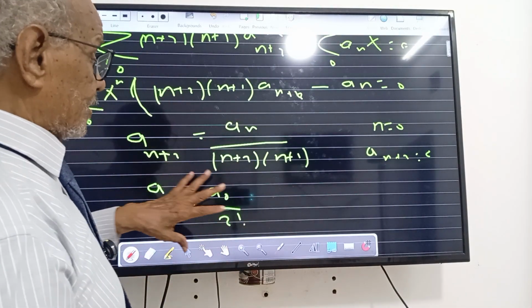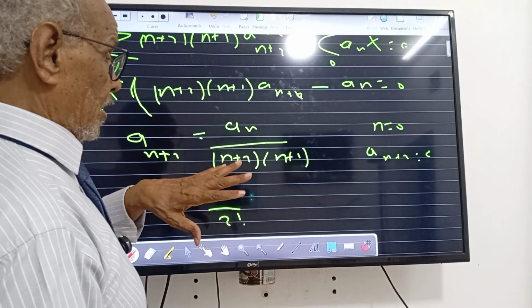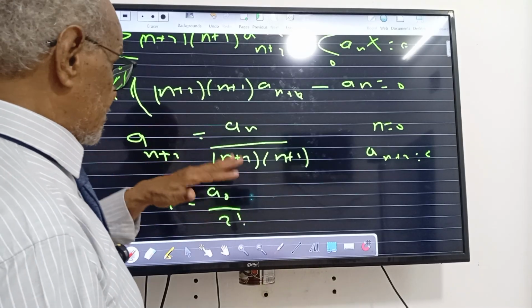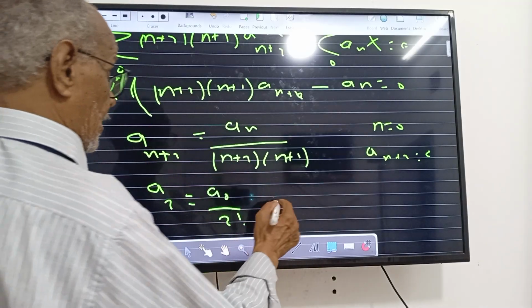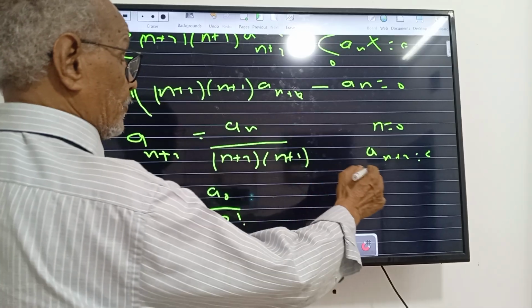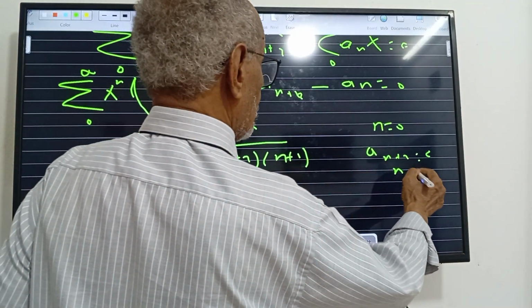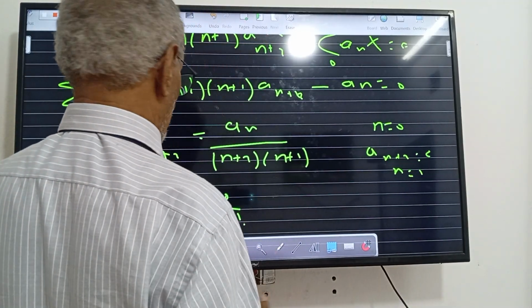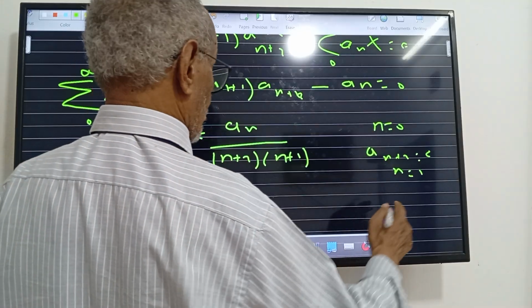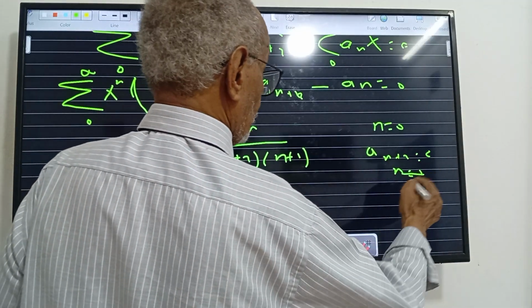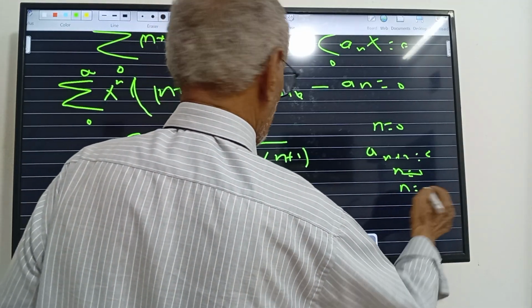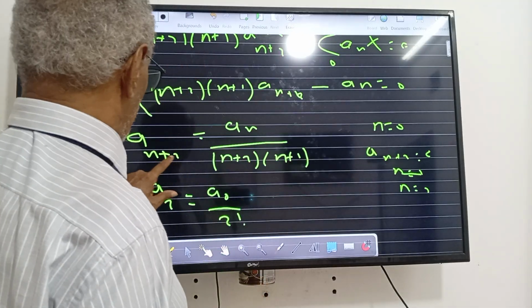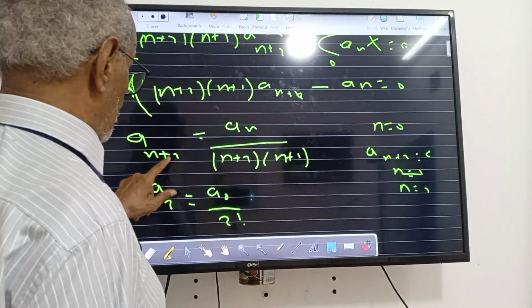Now let us do the even indices first. If you take n equals 2, this will be 2 plus 2 equals 4.